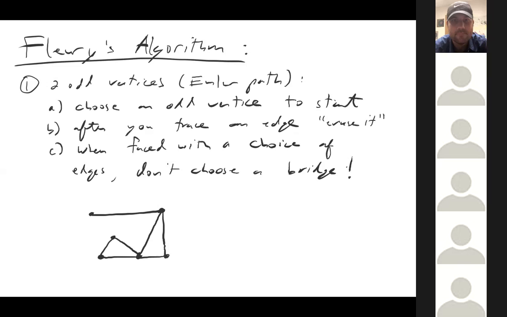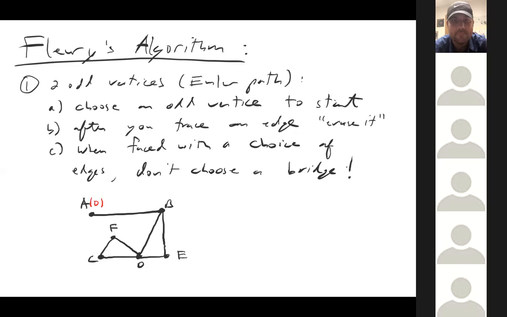Okay, so if we take a look at this, A, B, C, D, E, F. Let's look at each individual vertex first and show that this has an Euler path. A is odd, so I'm going to write a little odd next to that.